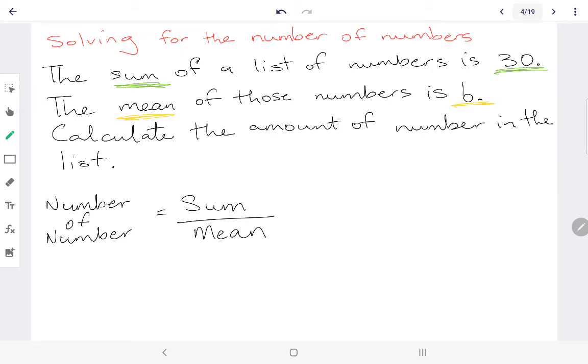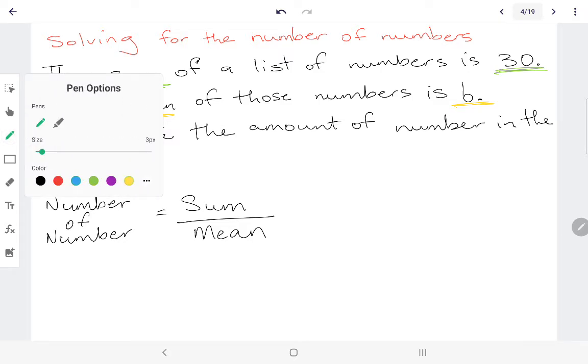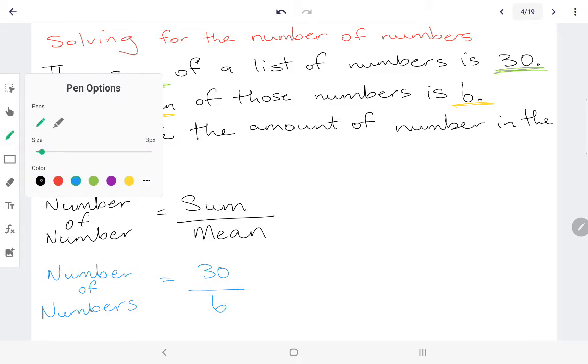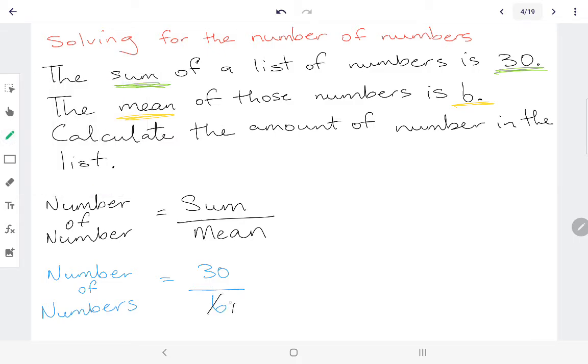I wanted to calculate how many numbers make up this list. So applying the formula now, the number of numbers will be the sum, which is 30, divided by the mean, which is 6. And now we can simplify. 6 go into 6 one time, 6 go into 30 5 times. So therefore, we know that 5 numbers make up the list of numbers to give you that mean.